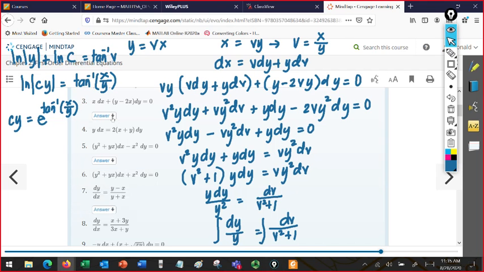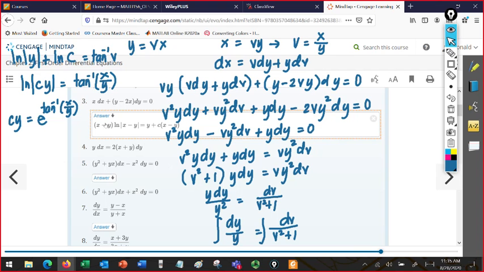Oh. Ay, anong number nga ba yun? Iba. So, ano bang nakalimutan dito? X minus y.